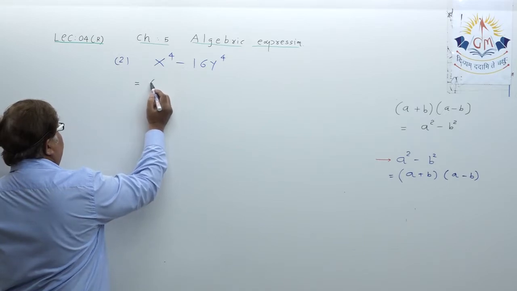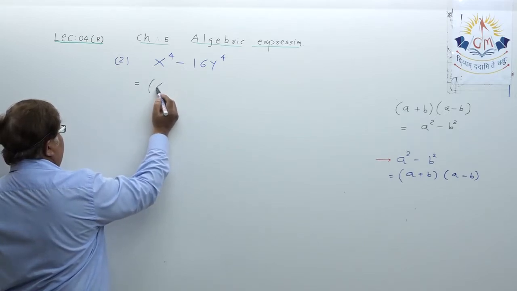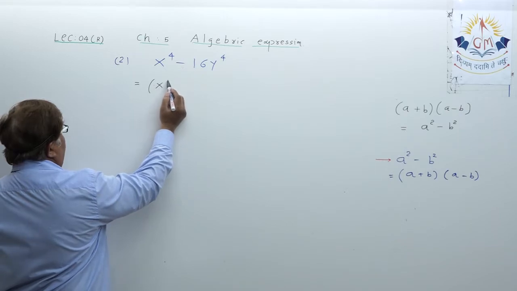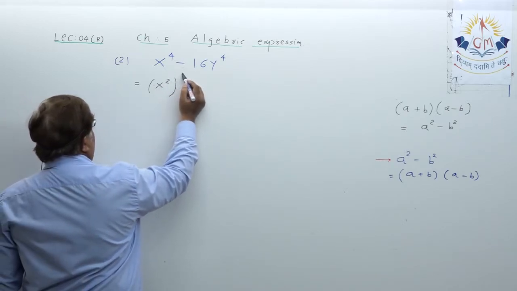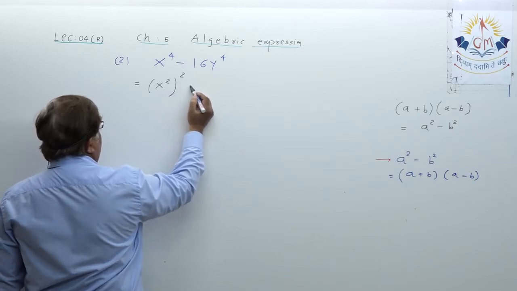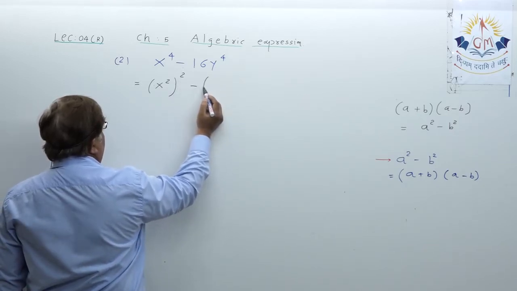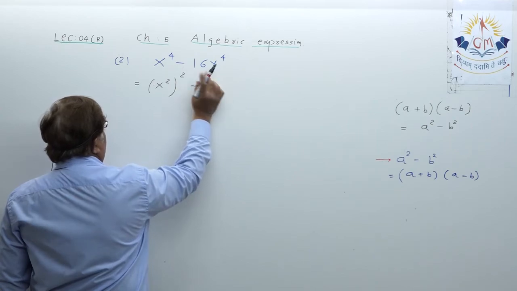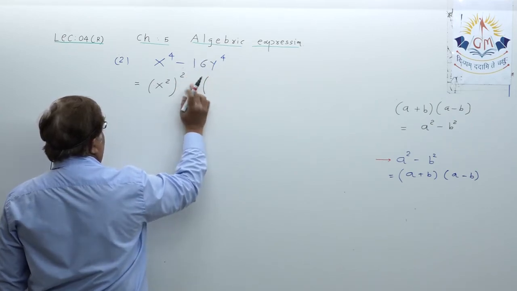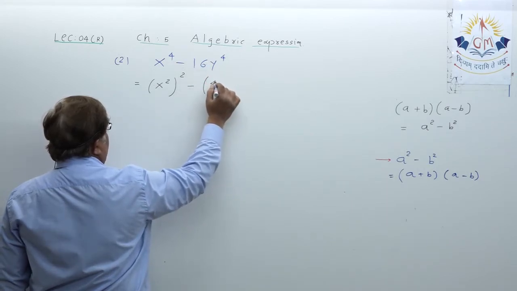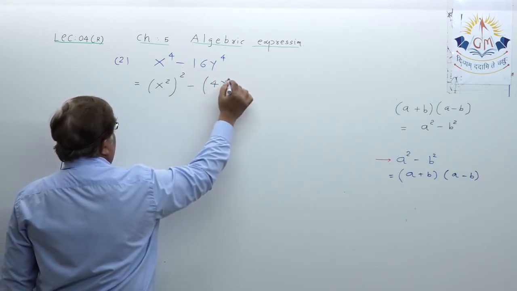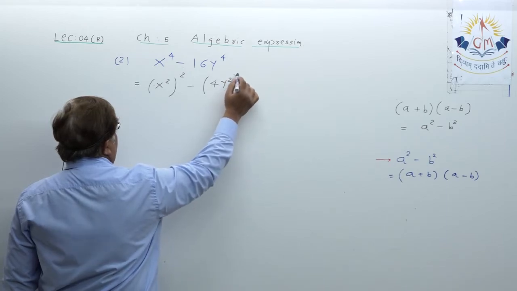Take out the square root of this, write this way: x square whole square. Concentrate here, my dear student. Minus, take out the square root of this. What could be this? 4y square whole square.